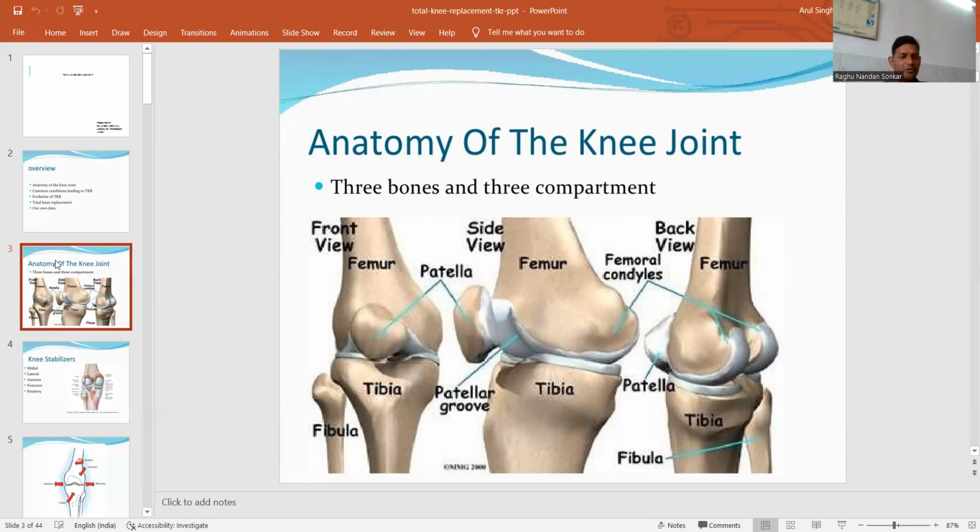The upper thigh bone is known as the femur, the leg bone is the tibia, and the cap is the patella. Three bones and three compartments are involved in osteoarthritis, known as three compartmental osteoarthritis, and ultimately the solution is TKR.